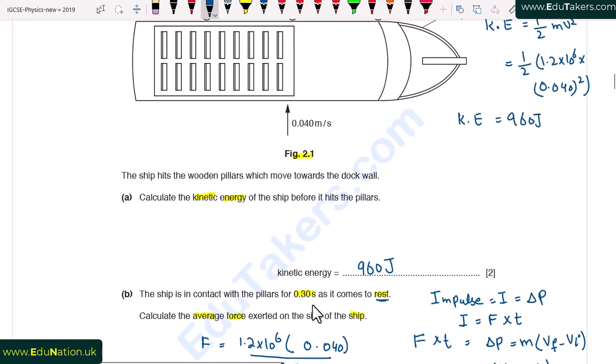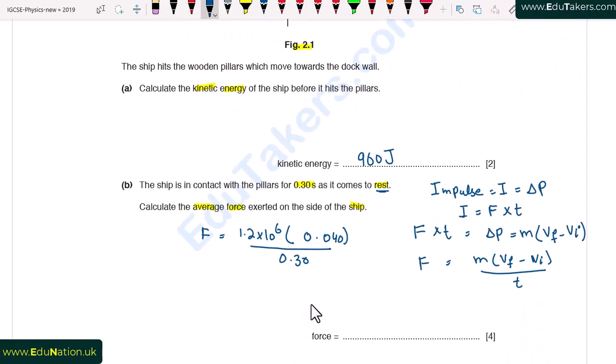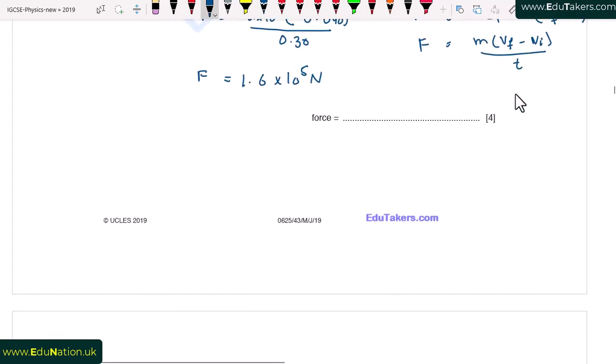By solving this, F comes to be 1.6 × 10^5. The unit of force is Newton. So it is equal to 1.6 × 10^5 newtons.